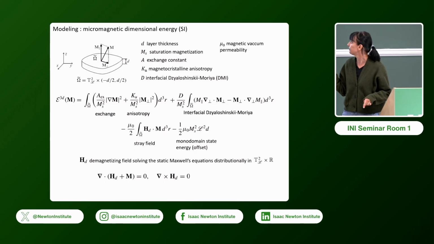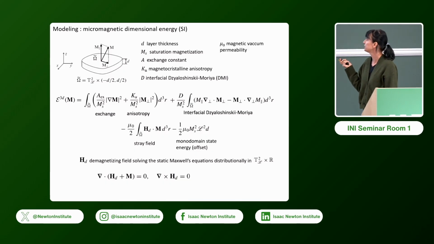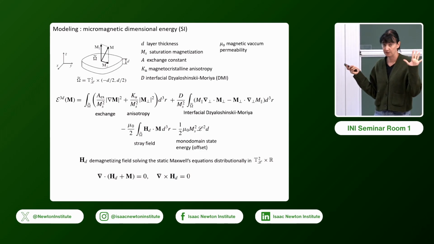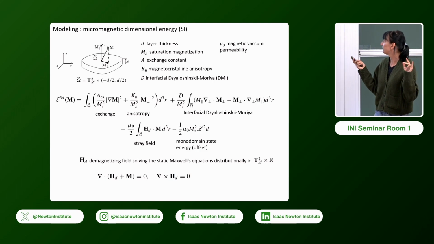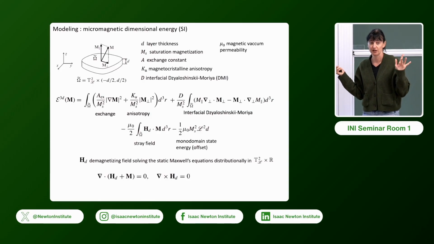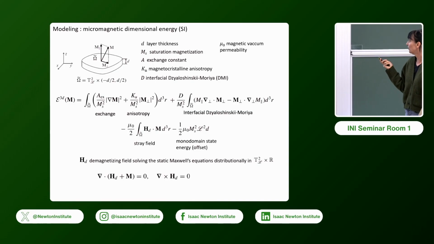So here I'm presenting to you my micromagnetic dimensional energy. I have five dimensional parameters: the layer thickness, the saturation magnetization, the exchange constant, the magnetocrystalline anisotropy, so this is my out-of-plane magnetocrystalline anisotropy, and the interfacial Dzyaloshinskii-Moriya interaction, which luckily Kirill already presented.